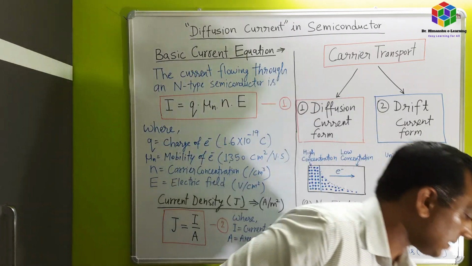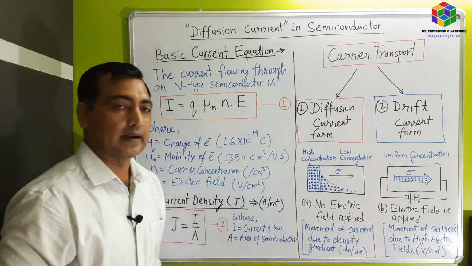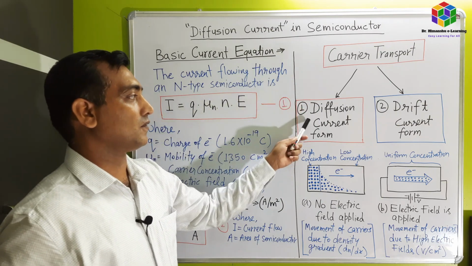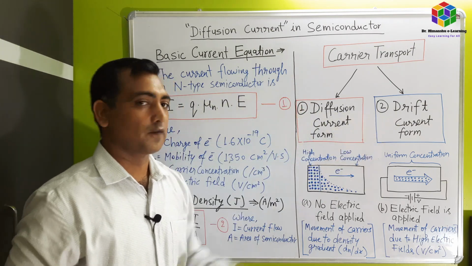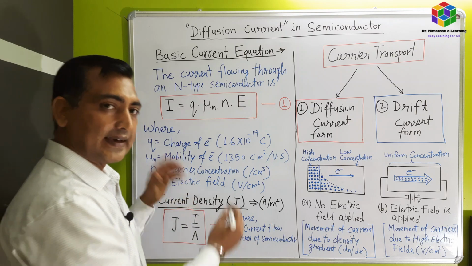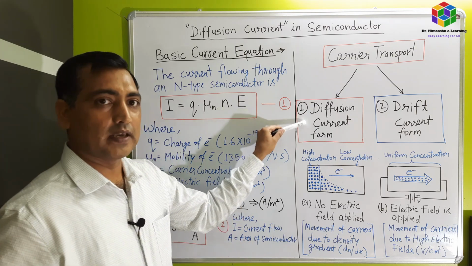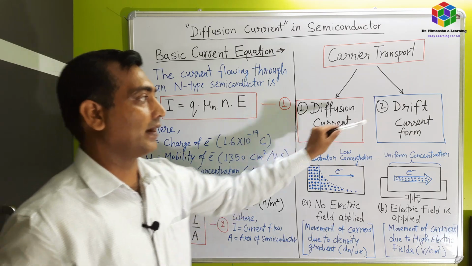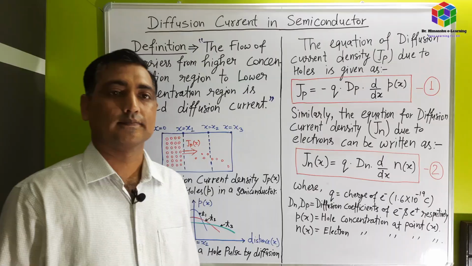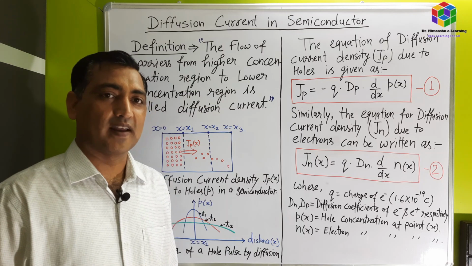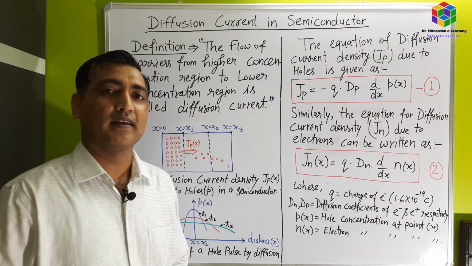So this is all about the physical concept of carrier transport, diffusion current form and drift current form. Now in the next slide we will discuss in more detail the equations of diffusion current and drift current form. Hello friends, welcome to the next slide for diffusion current.